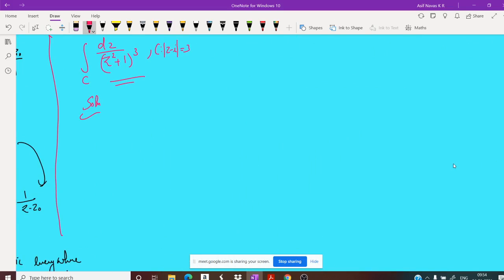First you have to draw the curve. What is the curve? C is mod z minus i equal to 3. So that means this is a circle with the center i and radius 3. So this is i, with the radius 1, 2, 3.